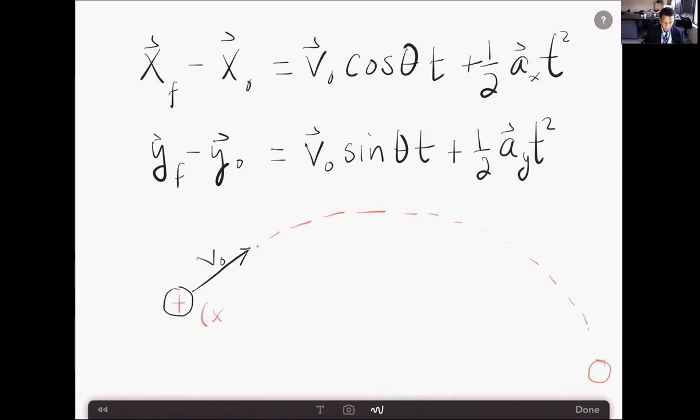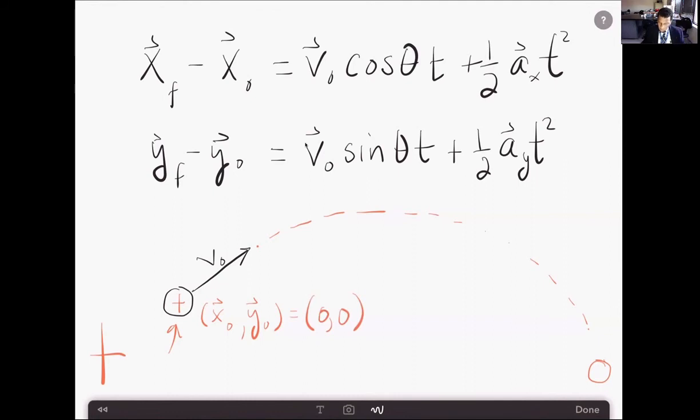we have some x initial and some y initial, which means that they could be measured from some other location. All right, or they could be measured from that location. We could just say that this is our origin at the ball. That means that this would actually be 0, 0. Okay?